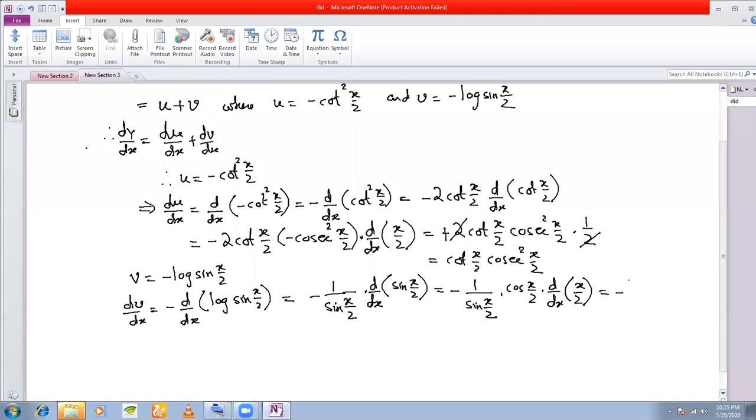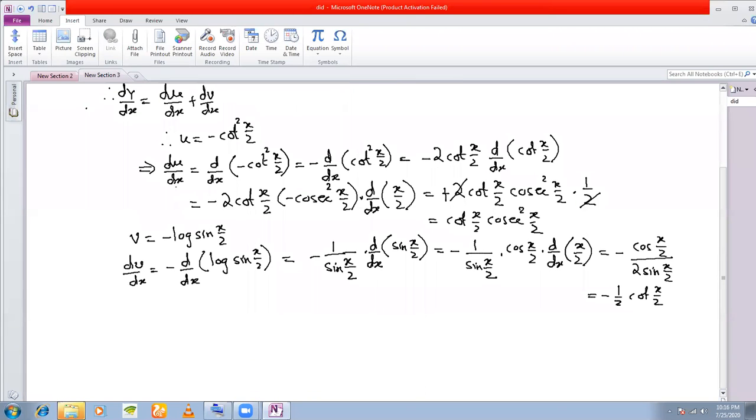Minus cos x by 2 by 2 sin x by 2, which is minus half cot x by 2, right? So therefore, what is dy dx? dy dx is du dx plus dv dx.